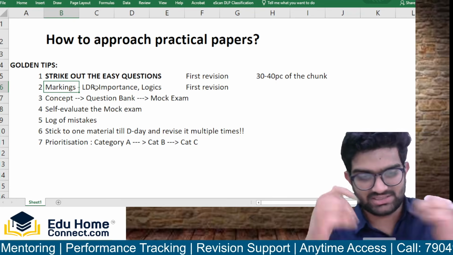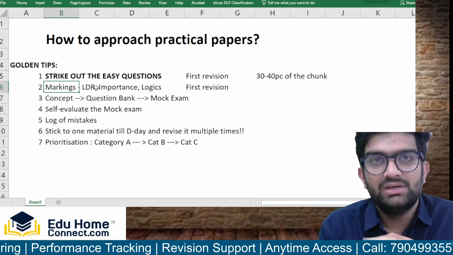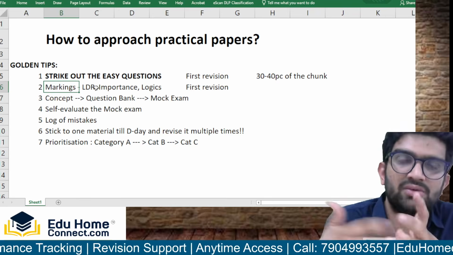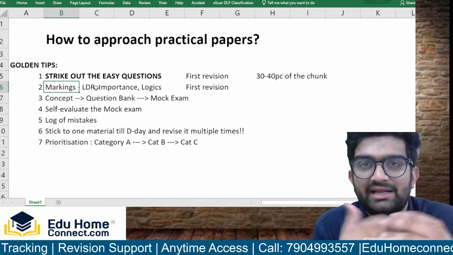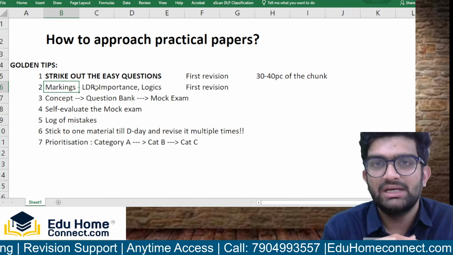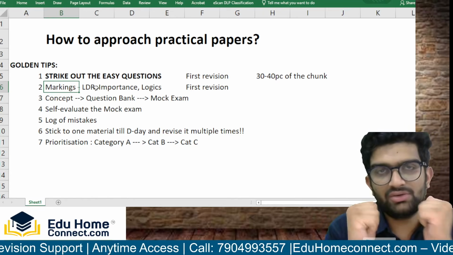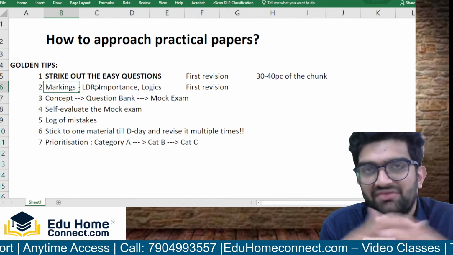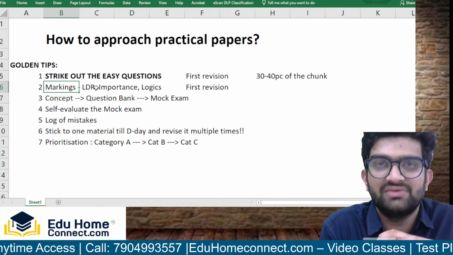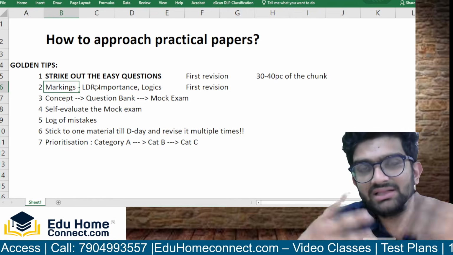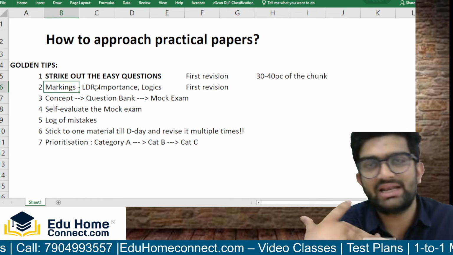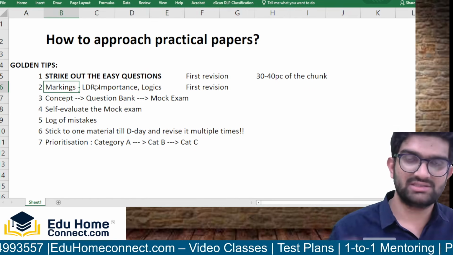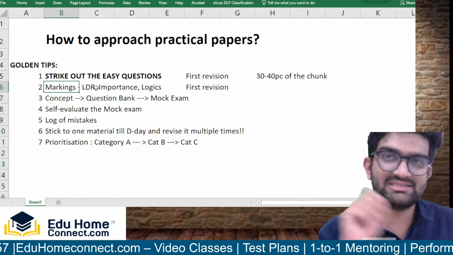Finally, writing logics or background. While you are watching the class of a particular faculty, the faculty would have explained to you the background or the intent or the logic behind the particular provision or a particular concept. Now this you might understand well while you are watching the class, but since CA and CMA both are professional courses and take a lot of time and efforts to complete, you might forget the provision or the intent by your study leave, and hence what we need to do is you need to write those logics, write those intents in your concept book itself.